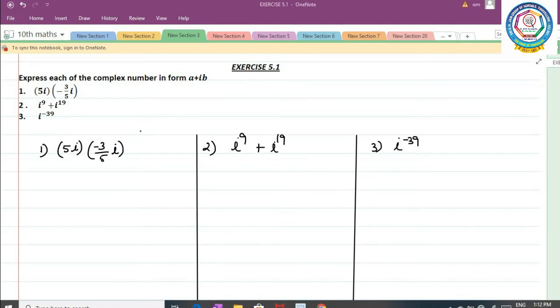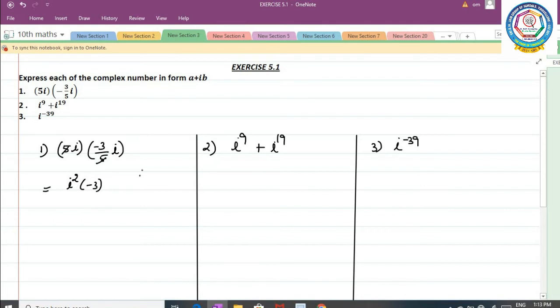Exercise 5.1. Express each of the complex numbers in the form of a plus ib. So here what is the question given? 5i into minus 3 by 5 into i. Here I can cancel 5. i into i square, 1 into minus 3, minus 3.